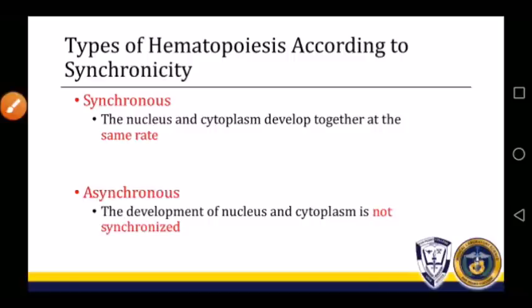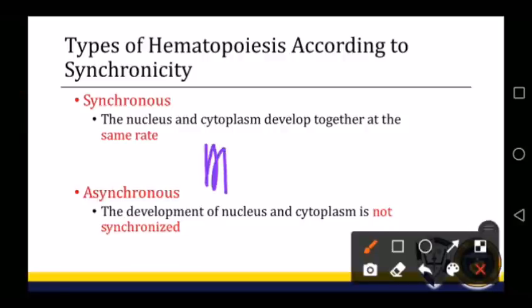Another example of a disease that will cause asynchronous hematopoiesis is megaloblastic anemia. In megaloblastic anemia, the nuclear maturation lags, or the nuclear maturation is delayed. Why is that so? This is just a general, summarized view of the pathophysiology of megaloblastic anemia.